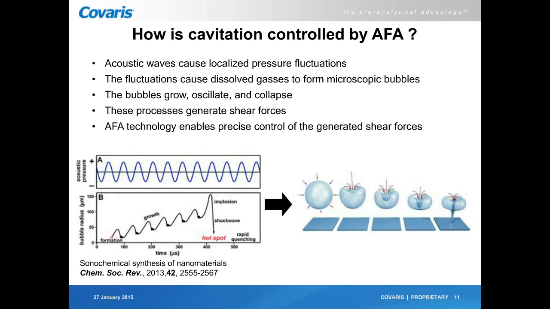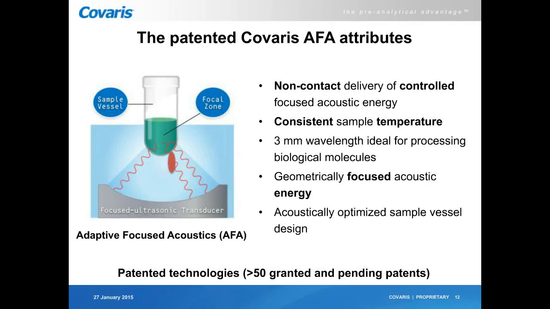You can see at the bottom the illustration, with the pressure fluctuation at the top and the variations in the radius of the bubble at the bottom. The bubble will grow and then collapse, creating this implosion, shock wave, and shear force. Key to Covaris AFA is its ability to precisely control the generated shear force.